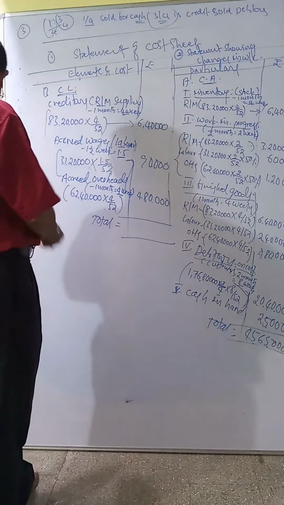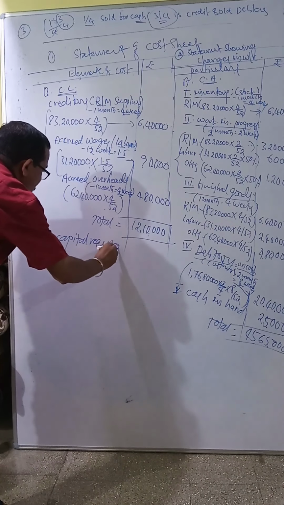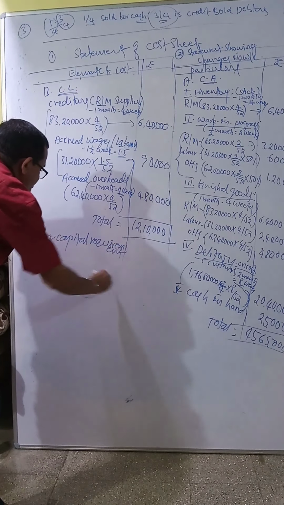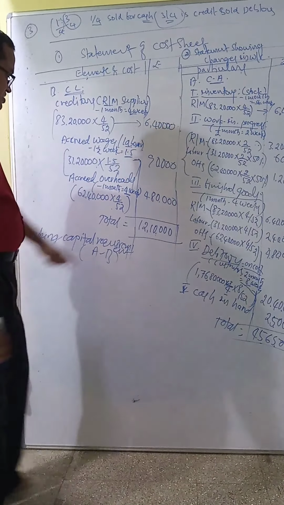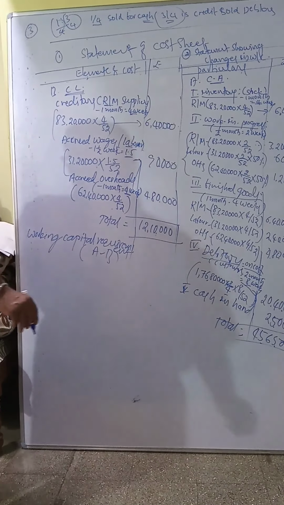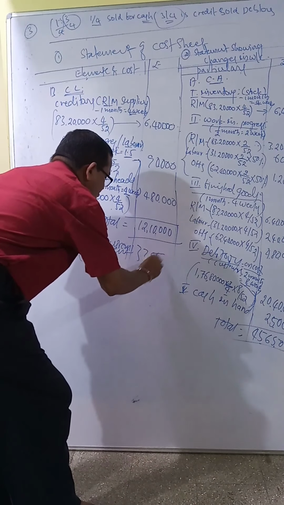Now, working capital requirement equals A minus B, which means current assets minus current liabilities. 45 lakh 65,000 minus 12 lakh 10,000, you will get 33 lakh 55,000.